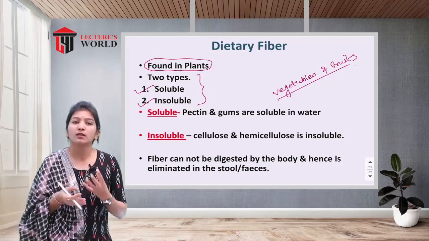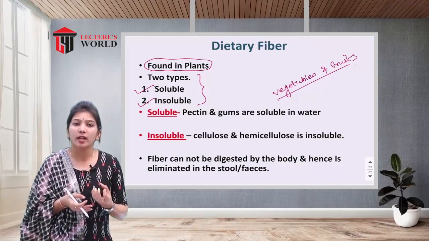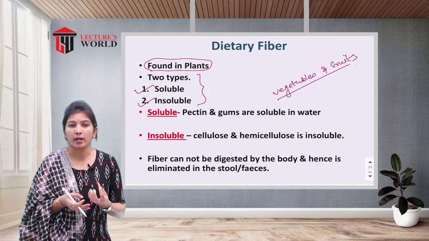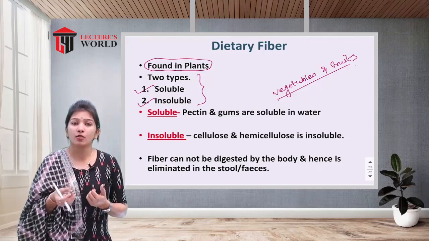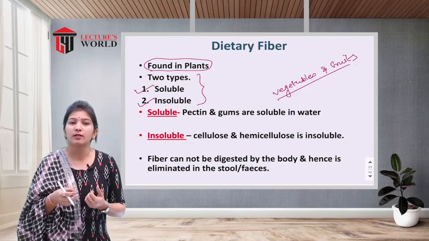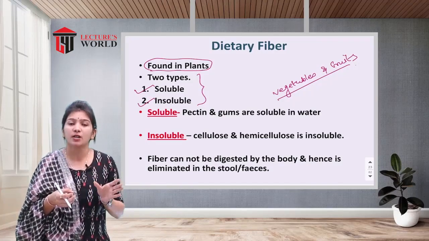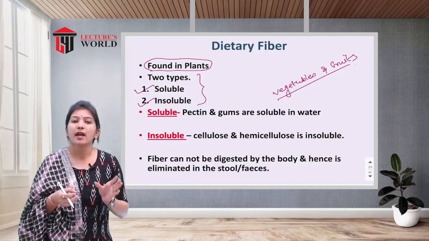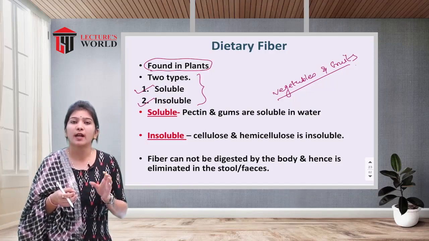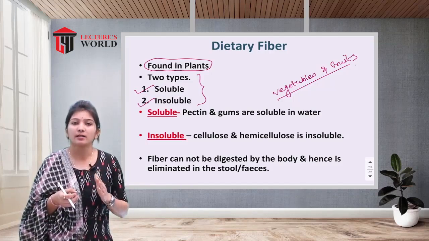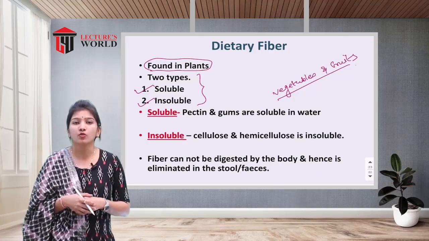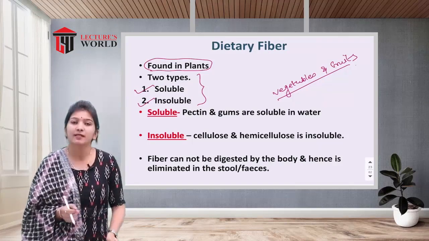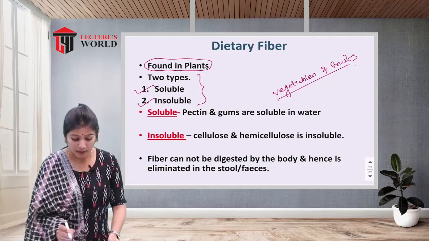The word soluble suggests it is dissolvable in our body; insoluble suggests it is not able to dissolve. So it remains in its natural form in our digestive tract, and we eliminate the insoluble dietary fiber with the help of stool or feces. We will see examples of soluble fiber first.